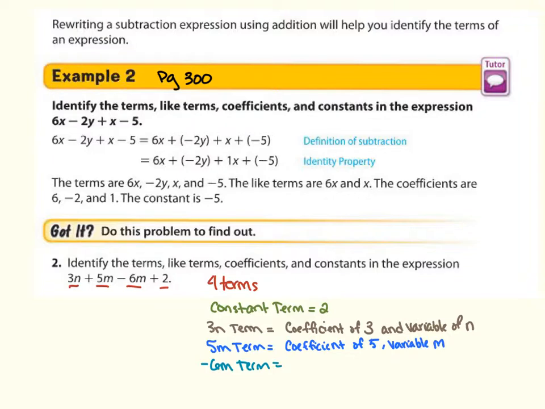That's that term. So the coefficient of that one is negative 6 and the variable is m. So then in this expression, you would only be able to combine those 2 terms together because all the other ones are different. Okay?